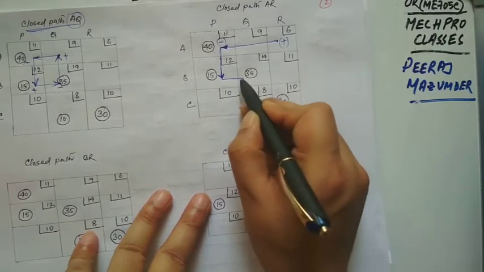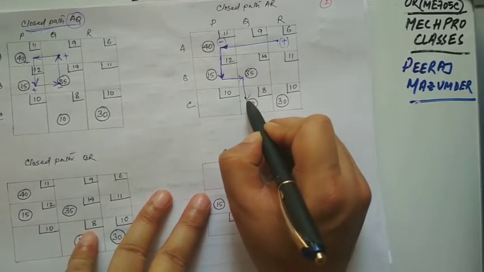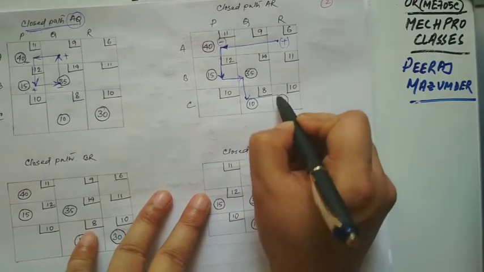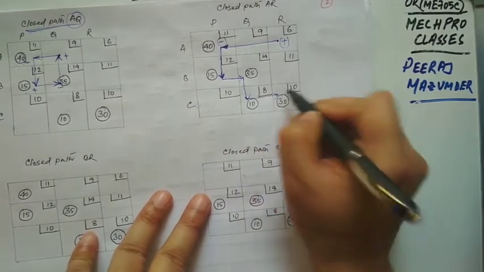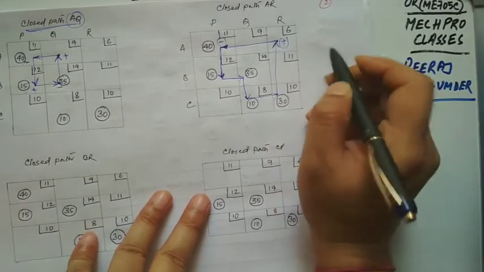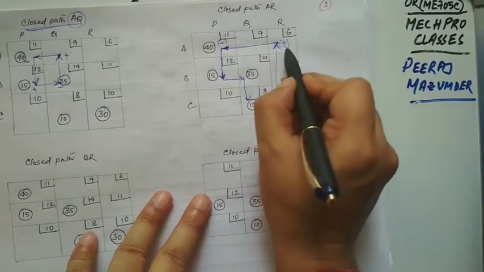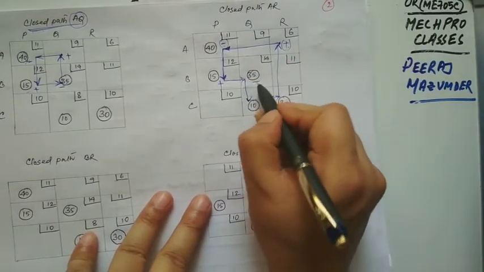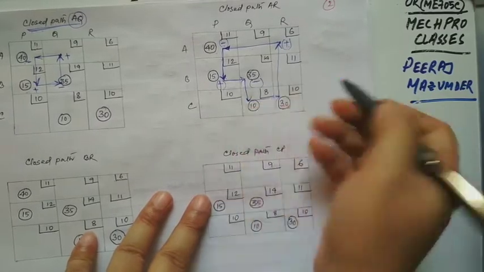Next, this is also an allocated cell, so you have to take a turn. This is also an allocated cell, you have to take a turn. We have to close the loop as well. Now the loop is closed. So plus, minus, again plus, again minus, it goes in an alternate fashion.